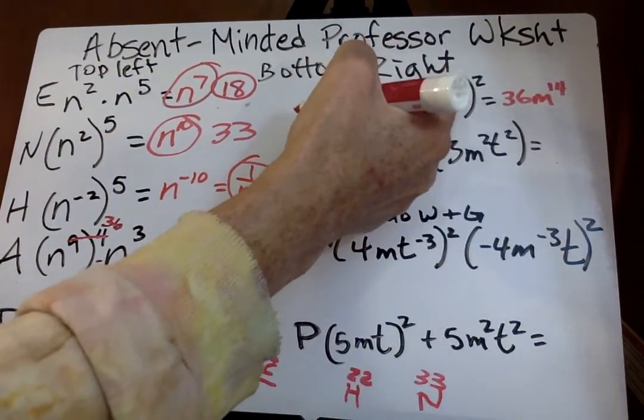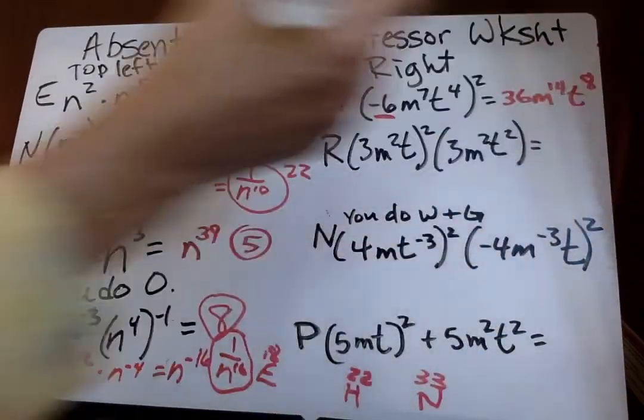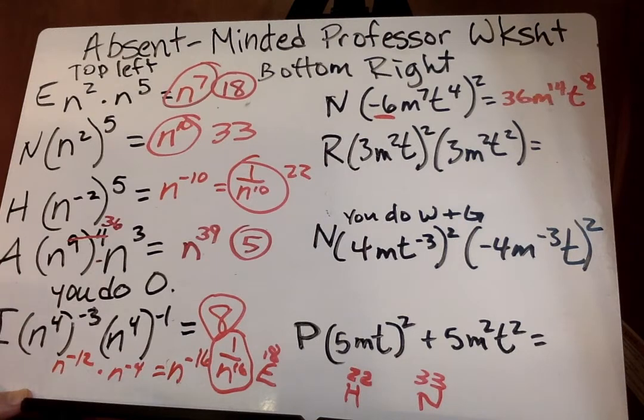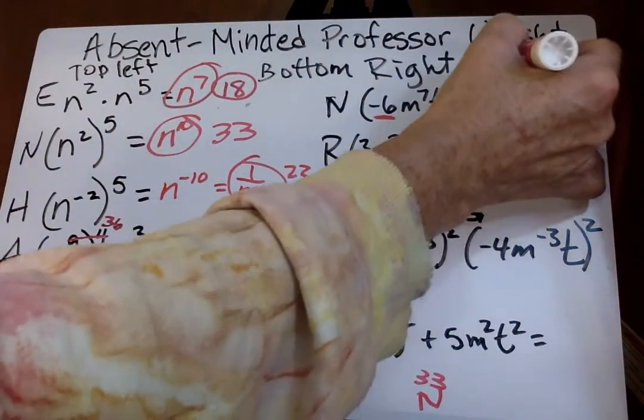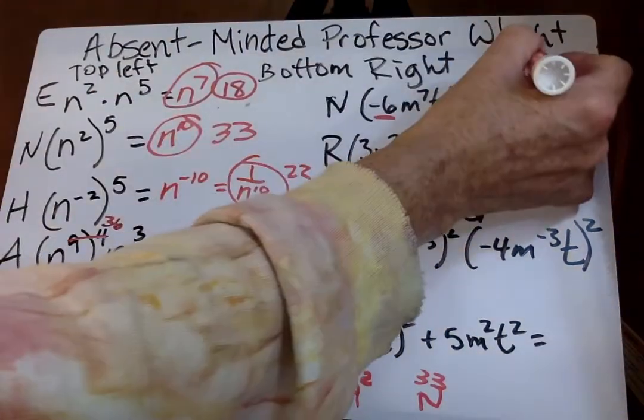And then t to the 4th raised to that power would be t to the 8th. We look for that over on the right-hand side. And let's see, 36 m to the 14th t to the 8th, that's number 11. So number 11 down below will have an N.